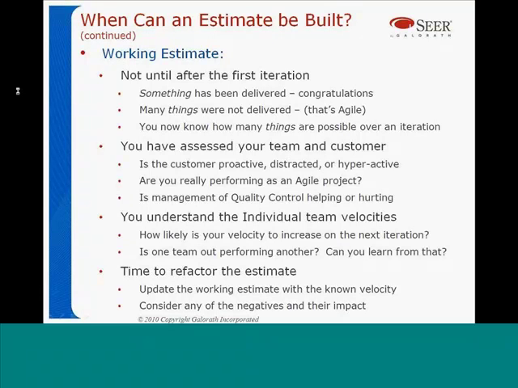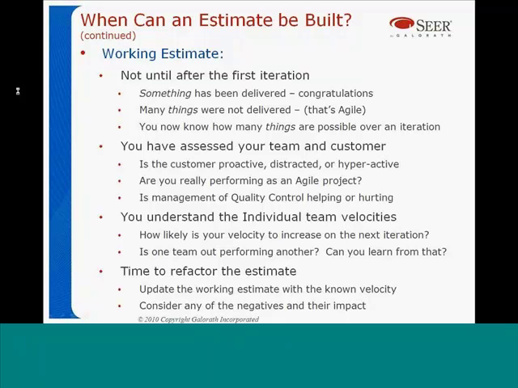If you're using story points, which is the most popular methodology for calculating size in an Agile environment, after the first iteration, you have an understanding of how many story points you can deliver during one iteration. And once you've been able to identify how much you can get done over a period of time, it'll start being a little bit easier for you to understand over the entire life cycle of all the increments how much functionality you're going to be able to deliver to the customer at the end of the project.